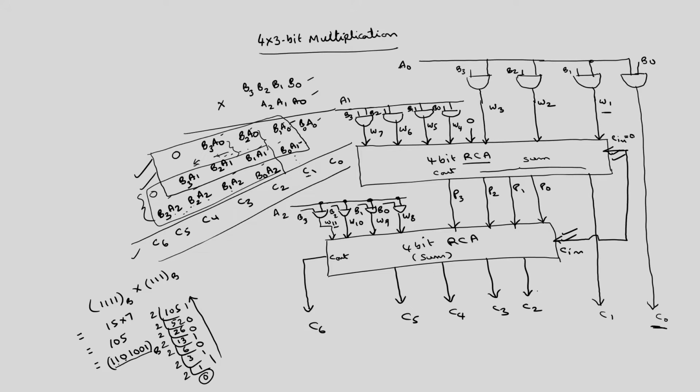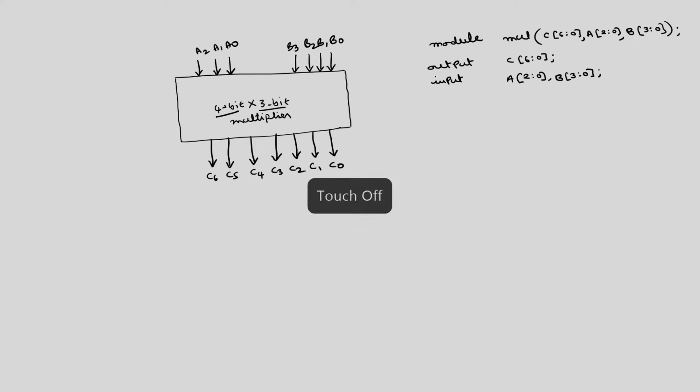So I will define the AND operations first. I will get C0 directly through this one, the AND gate. The output of the AND gate is C0, which is one of the outputs of the final 4 bit by 3 bit multiplier. The inputs are A0, B0. We have to define wires here.